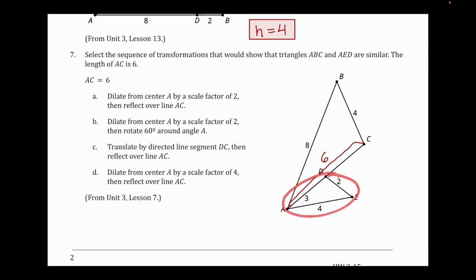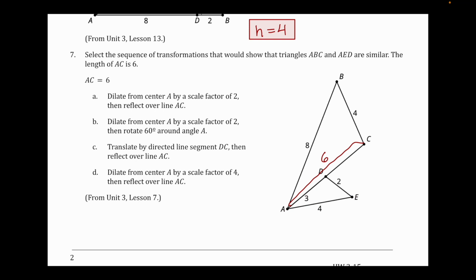If we're trying to scale this one up, I would have to multiply 3 by 2 to make 6, 2 by 2 to make 4, and 4 by 2 to make 8. So they're saying dilate from center A by a scale factor of 2. That's going to blow it up like this. Okay? Then reflect over line AC. Yeah, I would say that works.